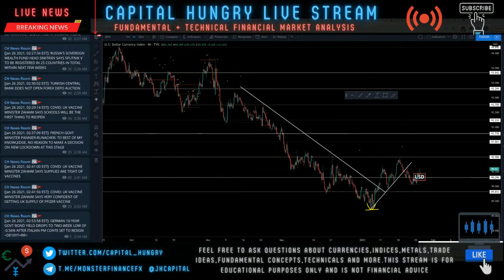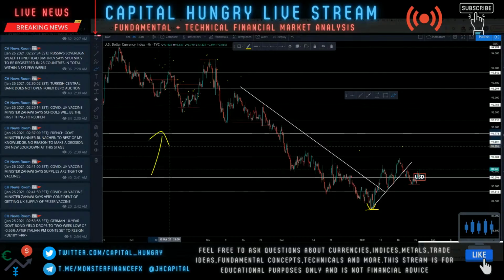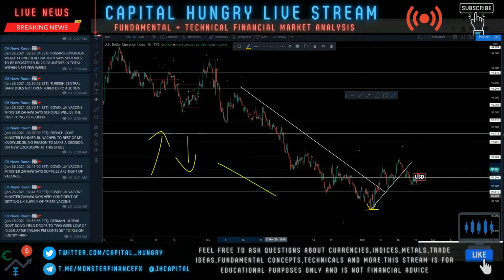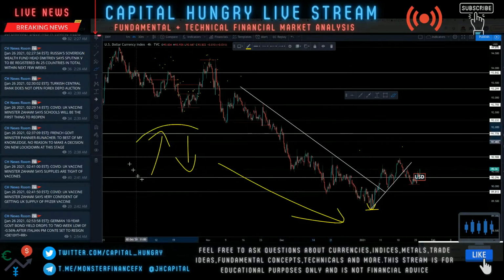One of the reasons the dollar has been so bearish and the US stock market has been so bullish is because as the Federal Reserve prints more US dollars, the supply of the US dollar increases, the demand decreases, the value of the US dollar goes down, but all that money that's being printed goes to inject the US economy via security purchases, bond purchases, and the US stimulus for the citizens.